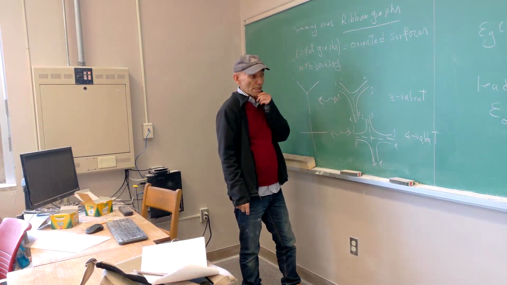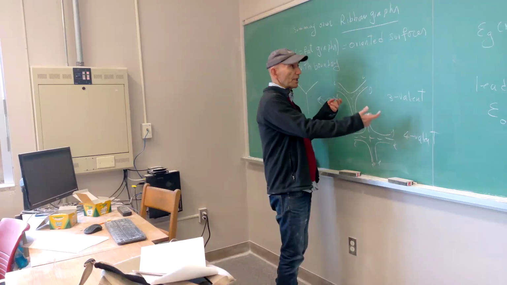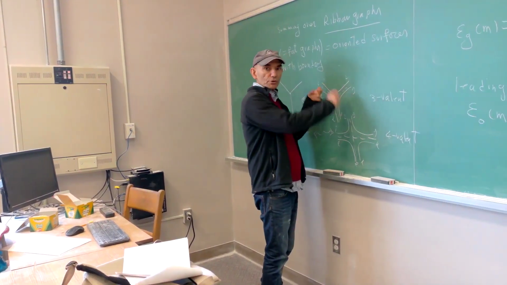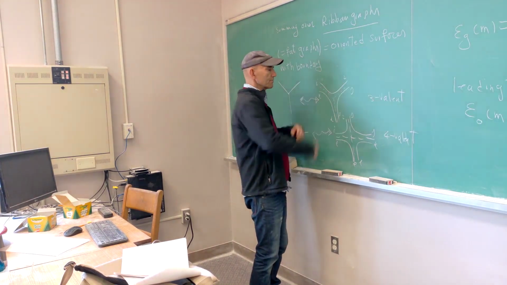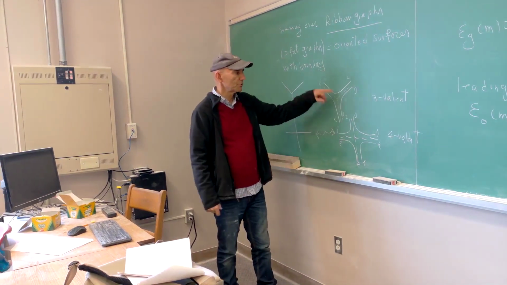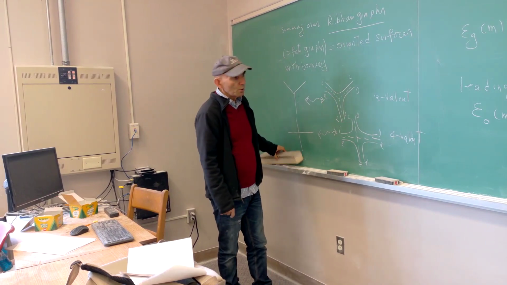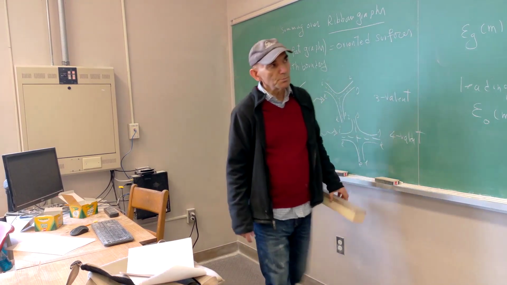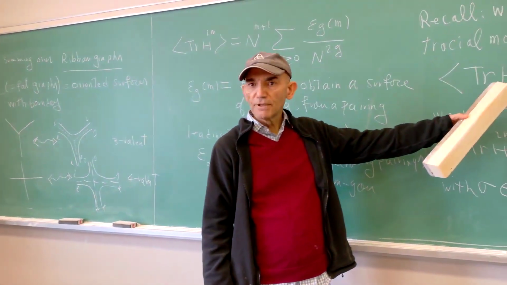Now, how are we going to glue these things? Because to get a ribbon graph, we have to close these semi ribbons. These are a bunch of semi ribbons. How are we going to glue them? Gluing is dictated by Wick's lemma.